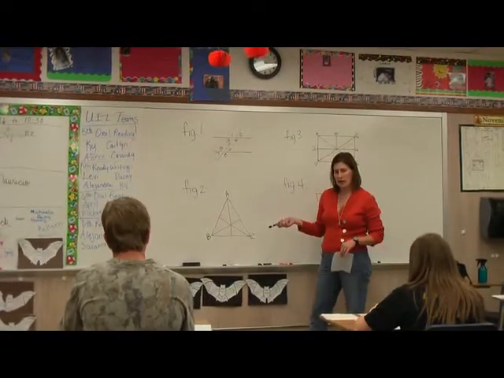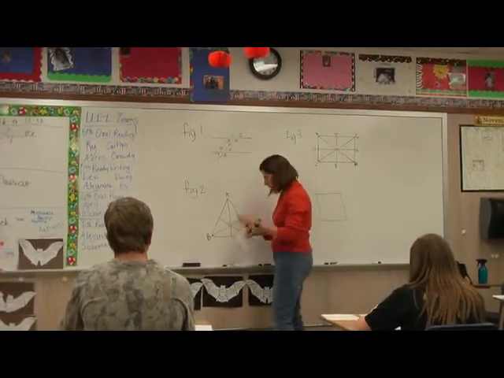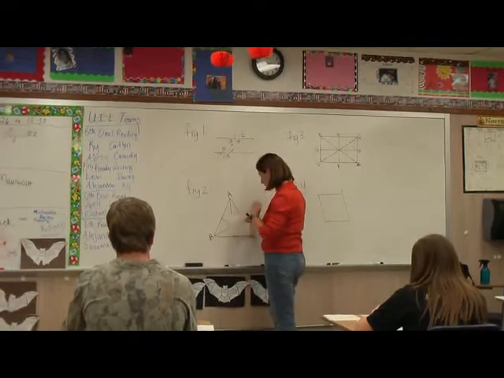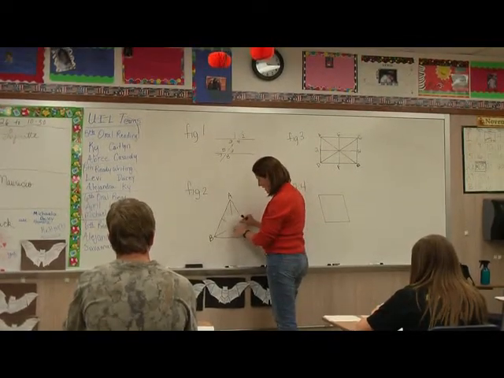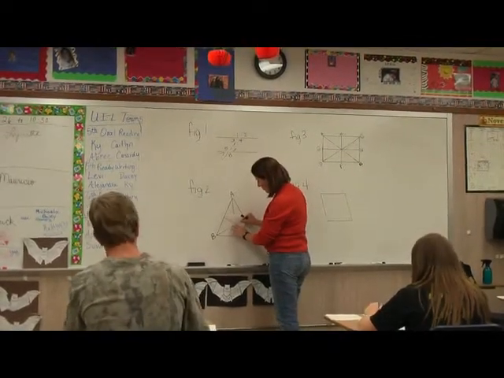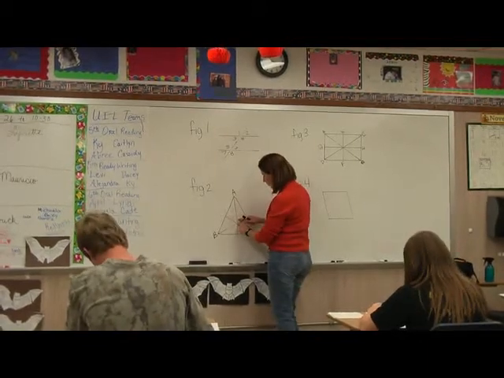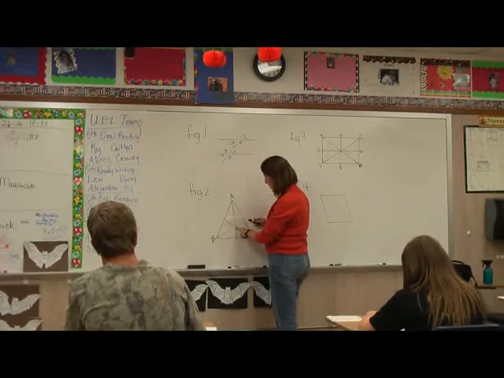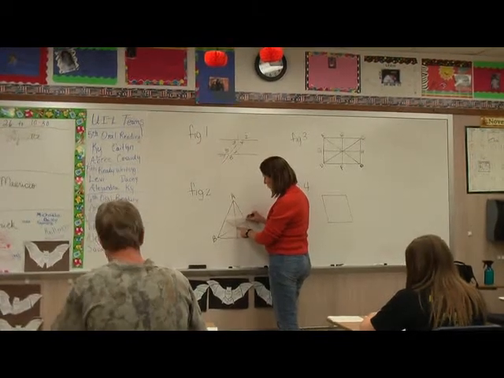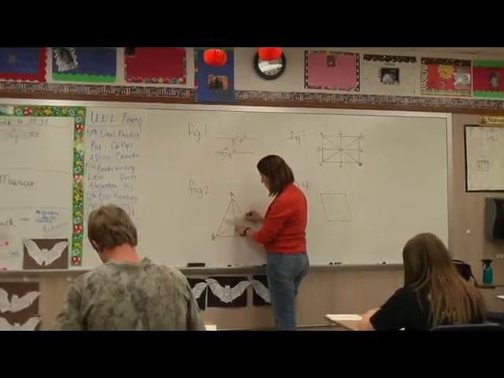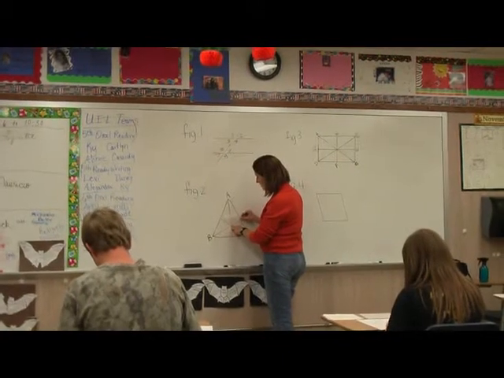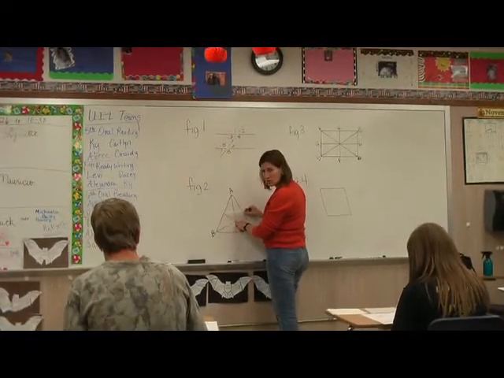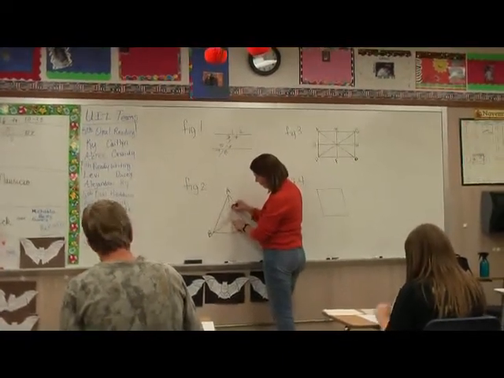But let's go ahead and prove that it's symmetrical. If you'll put your patty paper on the center of where all of your bisectors intersect, and then rotate that 60 degrees, counterclockwise or clockwise, it doesn't matter.